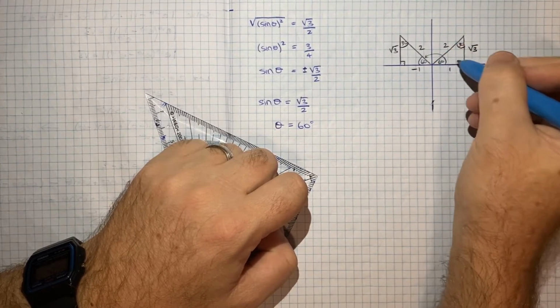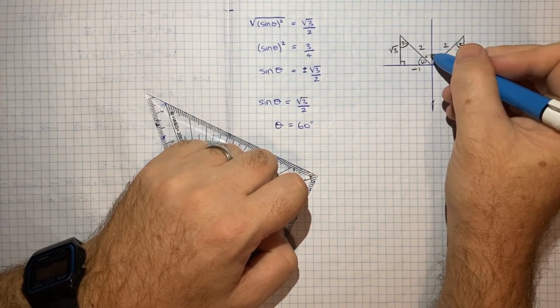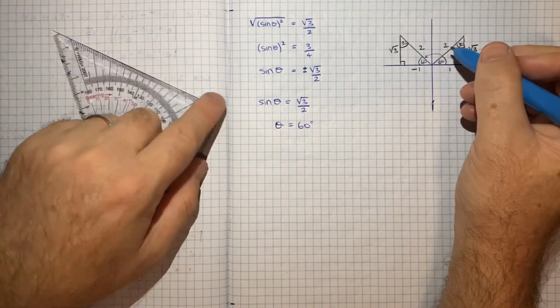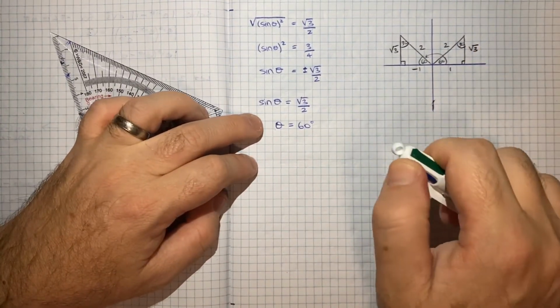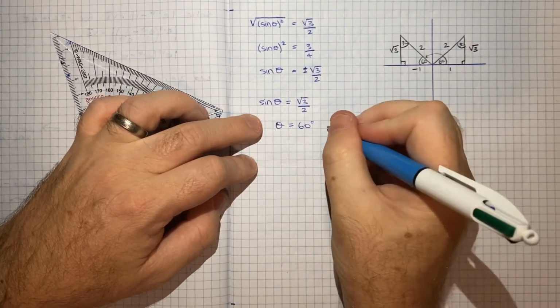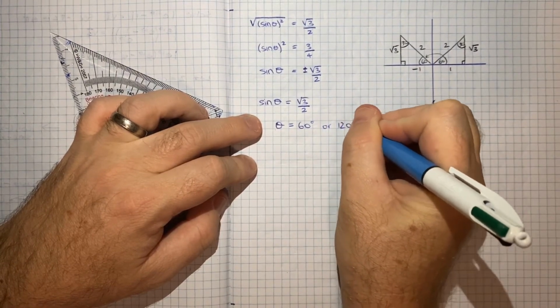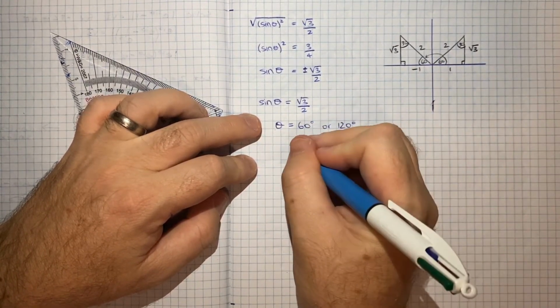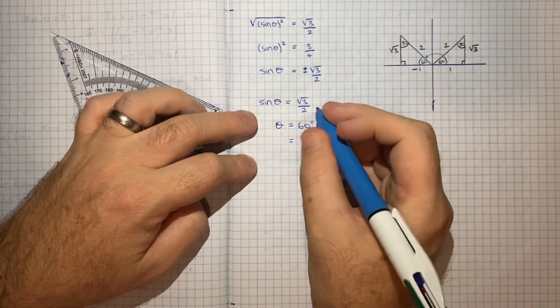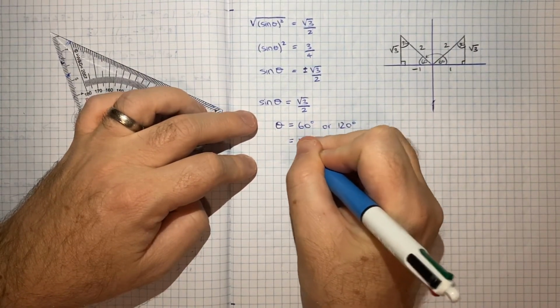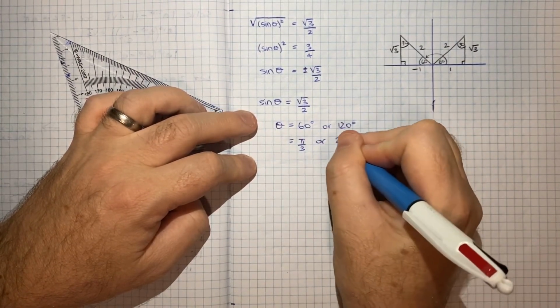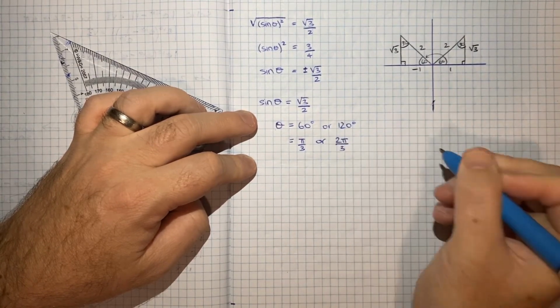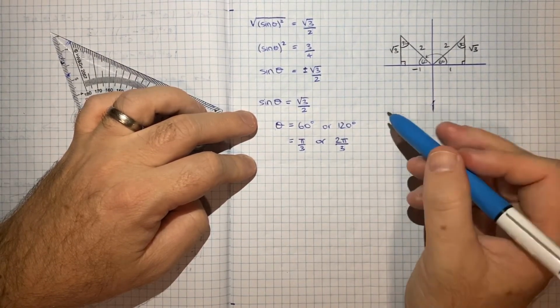That's how we measure that angle. So we also get theta is 60 or 120 degrees. Both of those will give us root 3 on 2. So that's pi on 3 or 2 pi on 3. That gives us our positives.